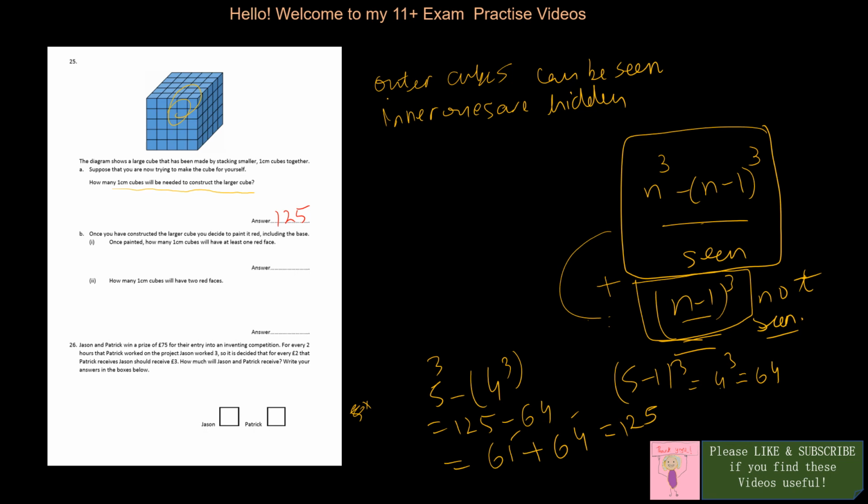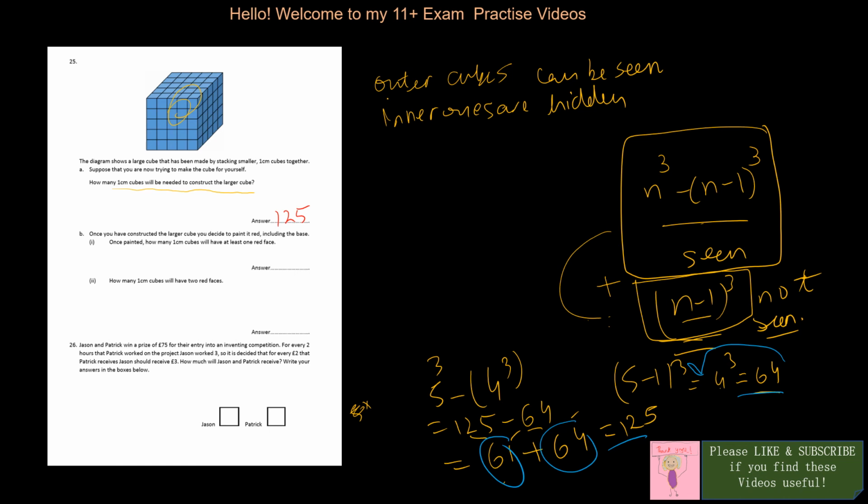So we get 61 plus 64. So this is 61 and this is 64. Okay, so 61 plus 64 gives me 125. So that is how we've got to work it out to get the correct answer.